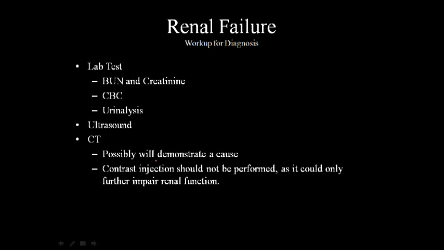So lab tests are one way, perhaps the best way to diagnose renal failure. You're going to look for BUN and creatinine, but also you're wanting to find the GFR, glomerular filtration rate. Once again, this is perhaps the most indicative thing to tell you whether the patient is experiencing renal failure or not.